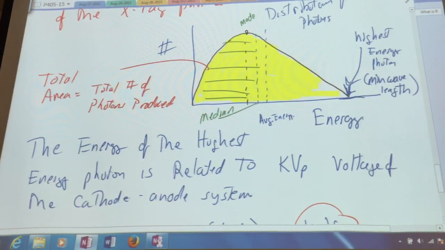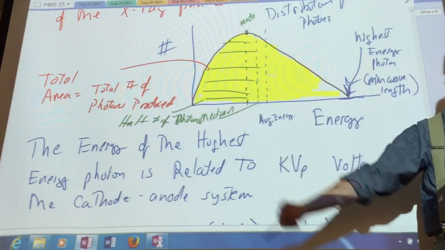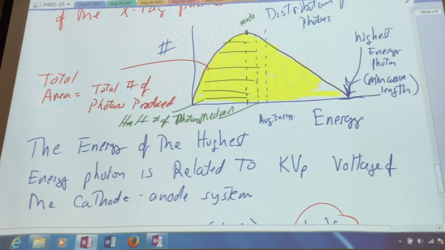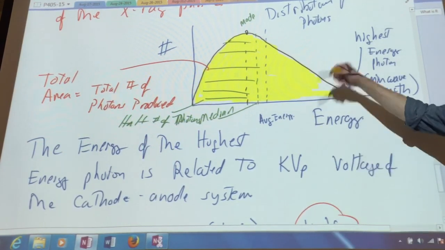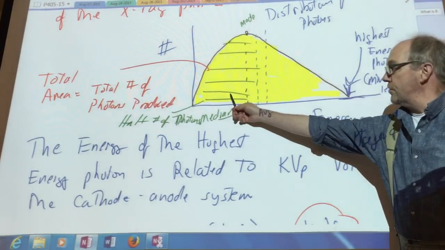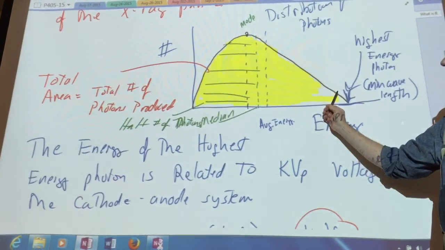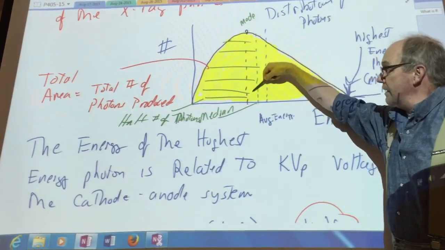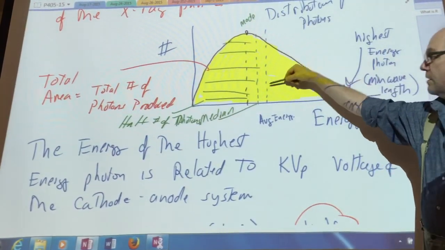The median means that this is half the number of photons. You don't have to worry about all these names for average. What I really want you to see is that they're all pretty close to somewhere in the middle. Whichever way you like thinking about it, half the photons are down here, half the photons are up there, or that's where the peak is, it will usually work, but not always.